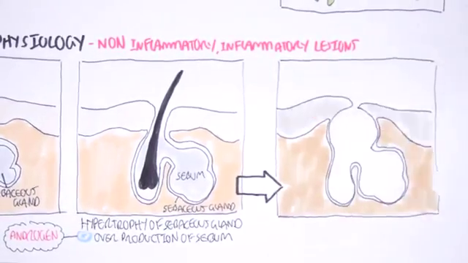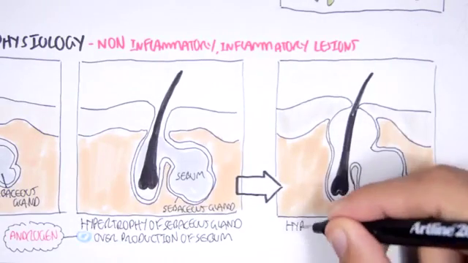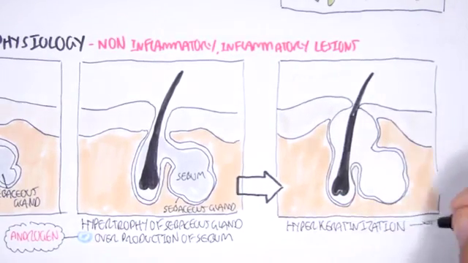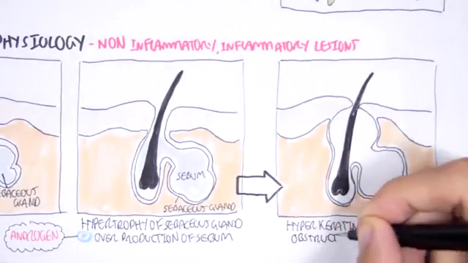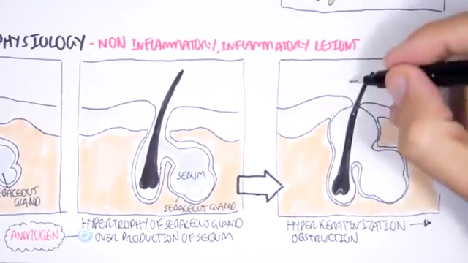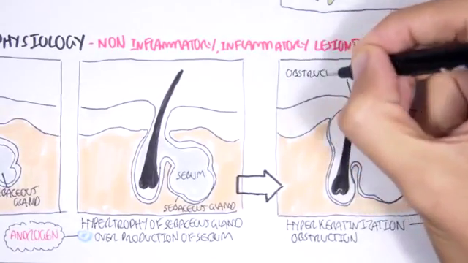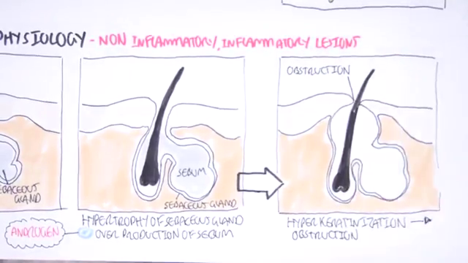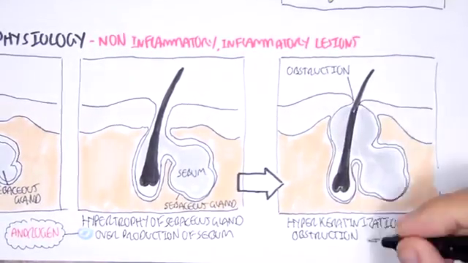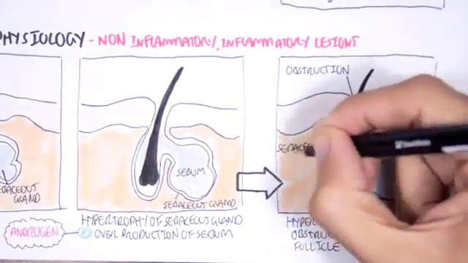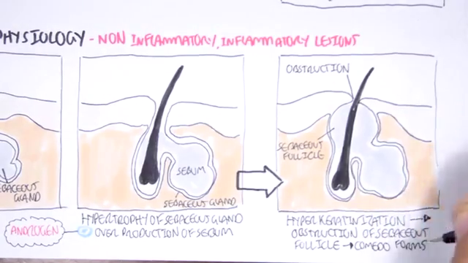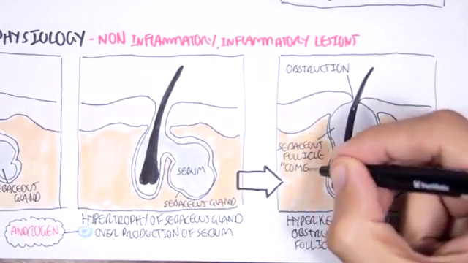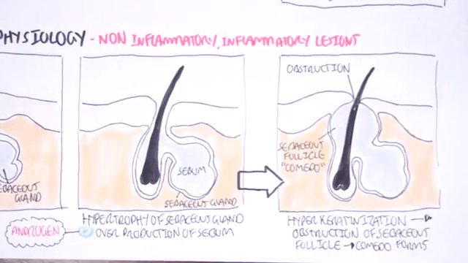The next phase in acne pathogenesis is where there is hyperkeratinization of the epithelial cells in the epidermis, which will lead to the obstruction of the sebaceous follicle. So sebum will accumulate in this area, the sebaceous follicle, and this can lead to the formation of what's called a komedo. So here is our sebaceous follicle, which is the hair follicle and the sebaceous gland.